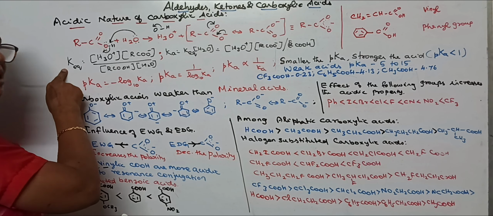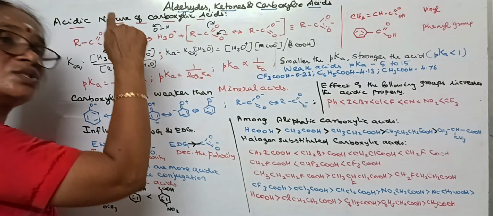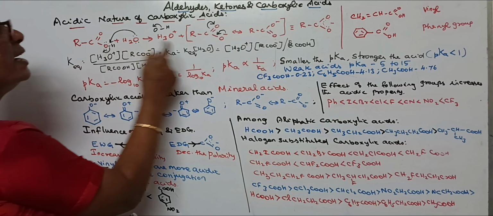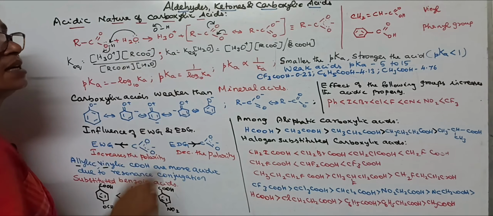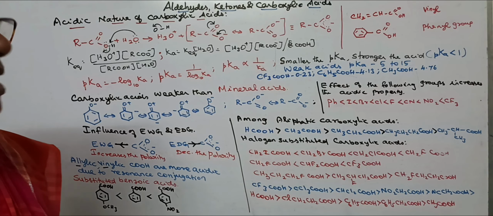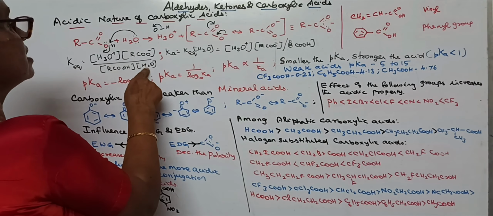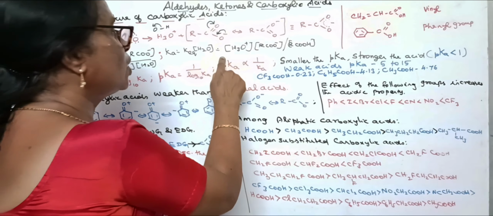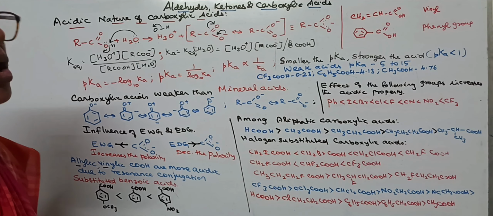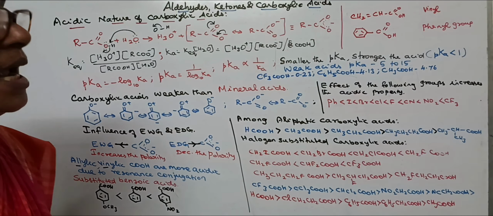The equilibrium constant is one constant, and the water concentration also remains constant, and hence the product of both constants becomes equal to another constant. It is said to be the dissociation constant of the acid. So Ka equals the equilibrium constant times water, which equals the product of hydronium ion and carboxylate ion concentrations divided by the concentration of carboxylic acid.